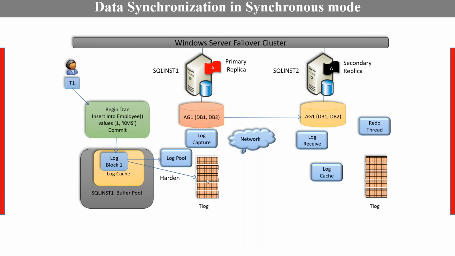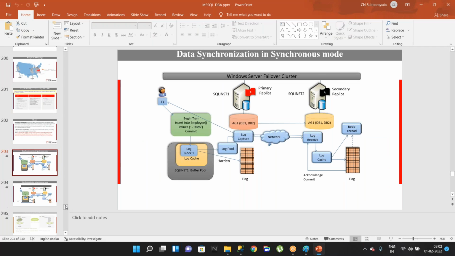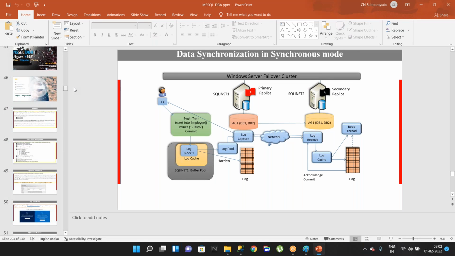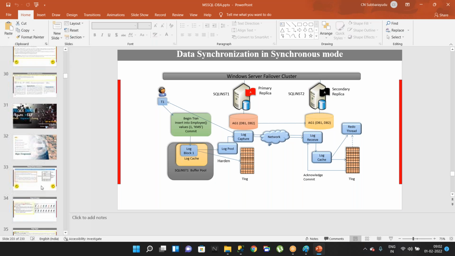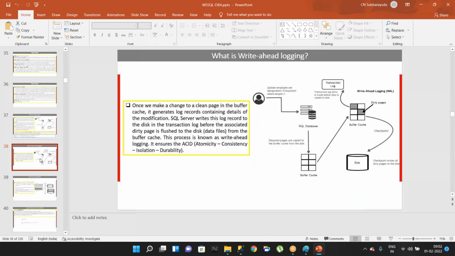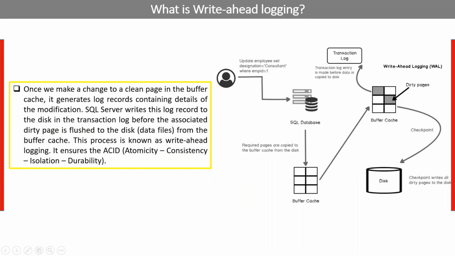Okay, so to protect our data, Microsoft parallelly hardens the logs into the log file to satisfy the WAL concept, sir. What do you mean by WAL? Let me show you, sir. See, once we make changes to the clean page in the buffer, it generates log records containing the details about the modification.